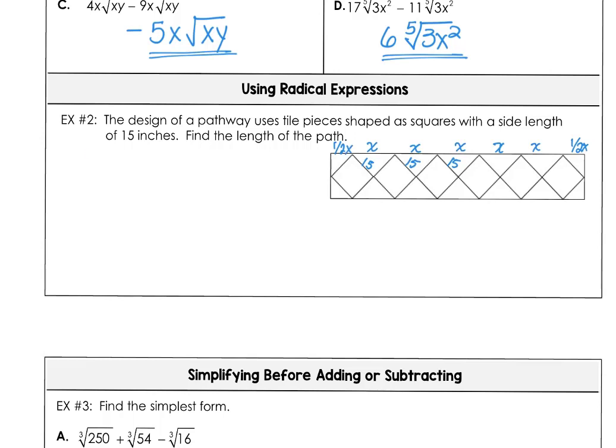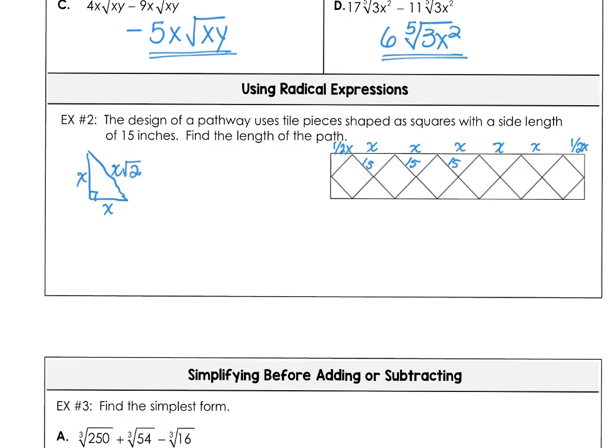So we do know, using things from geometry, if you have a 45, 45, 90 triangle, and this side is x and this side is x, which is what's happening here, then the hypotenuse is x times the square root of 2.